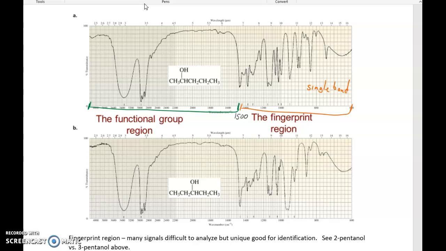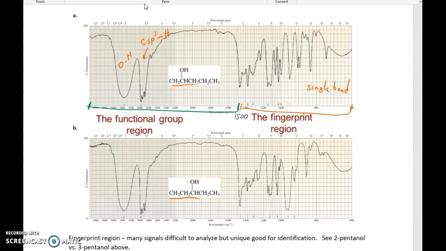We can look at these two absorption spectra. These are both pentanols. This is 2-pentanol up here and 3-pentanol down here. You'll see that the functional groups are very similar. This is the hydroxy group, and this is the carbon that's sp3 hybridized attached to hydrogen.